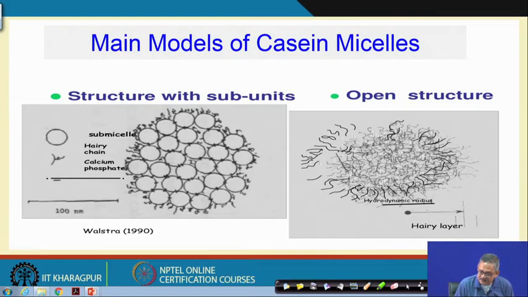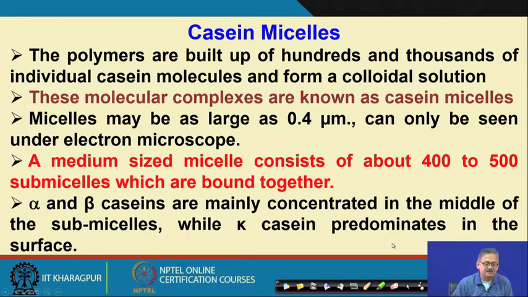Now, this casein micelle which we have just seen is what? The polymers are built up of hundreds and thousands of individual casein molecules and form a colloidal solution.